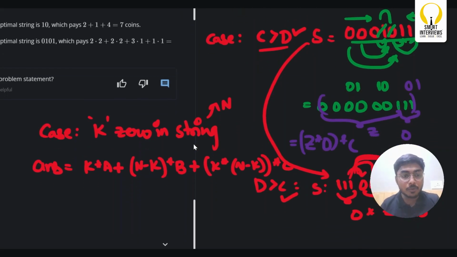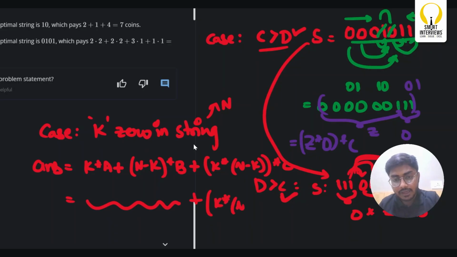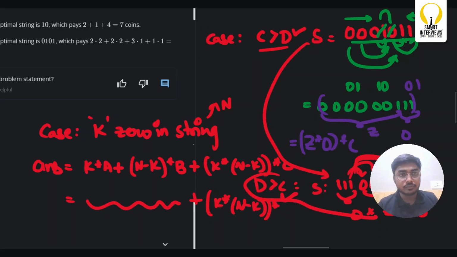What can be another possibility? One more possibility can be D is greater than C. In that case, this thing will be the same, and here it's going to be k into n minus k into D now.